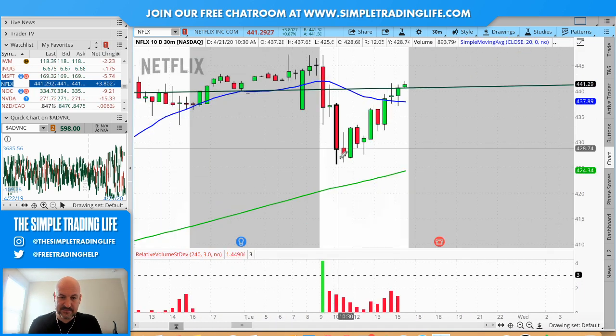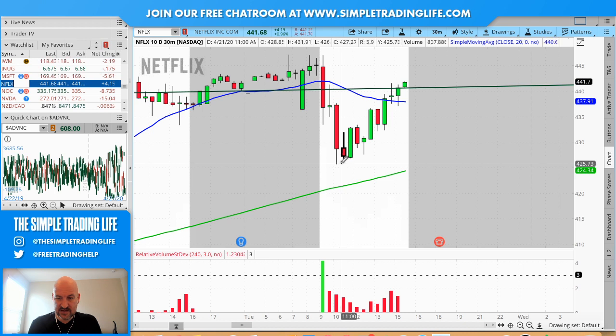Netflix, same thing. Big sell-off right out of the gate. Found some support, worked its way back up. Actually got on top of the 20 here and is still going up. Let's say 445 down to 425, so a $20 drop. And then what kind of recovery have we had?